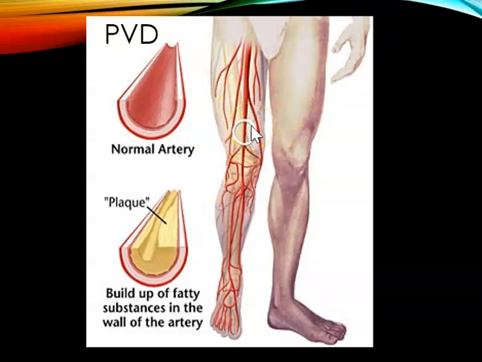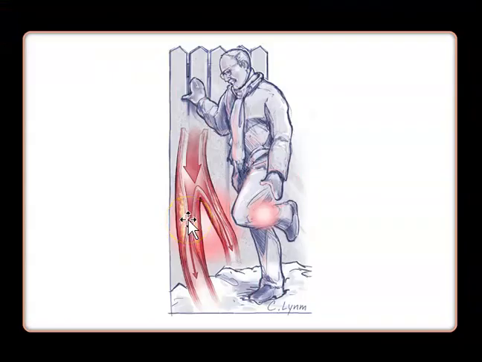This is usually caused by atherosclerosis. We've got these fat deposits and fibrin, and these obstruct and harden the arteries. Usually this affects people in their 60s and 70s, and men are more affected than women are. This is going to be a good example of intermittent claudication.